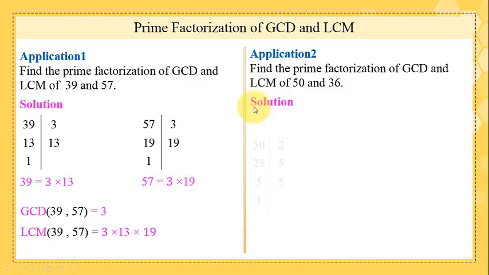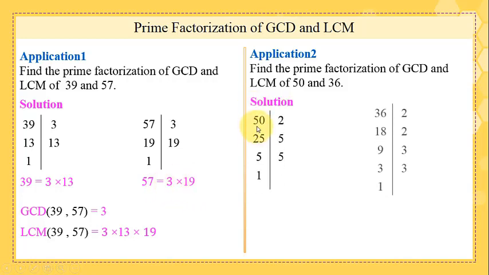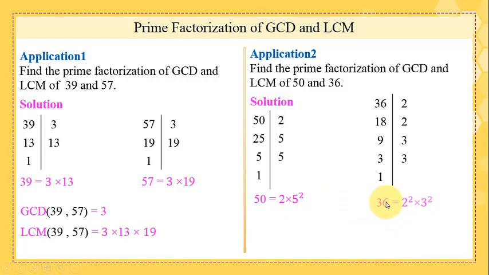Solution of application 2. The prime factorization of 50 is equal to 2 times 5 exponent 2. The prime factorization of 36 is equal to 2 exponent 2 times 3 exponent 2. The greatest common divisor will be equal to the product of the common factors with the least exponent, and 2 is the only common divisor between these two numbers. Here we have 2 exponent 1 and here we have 2 exponent 2.